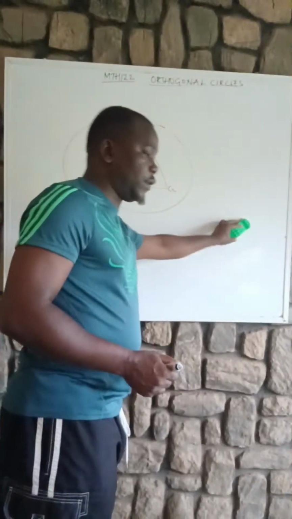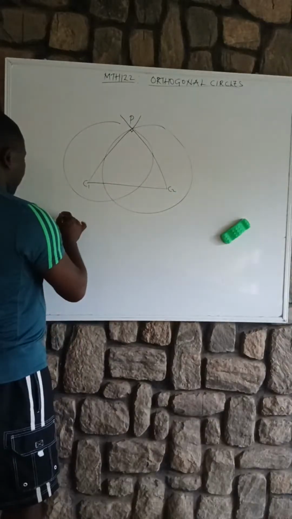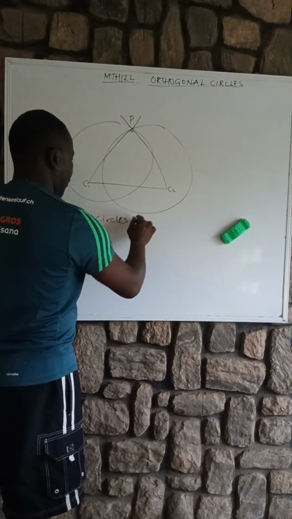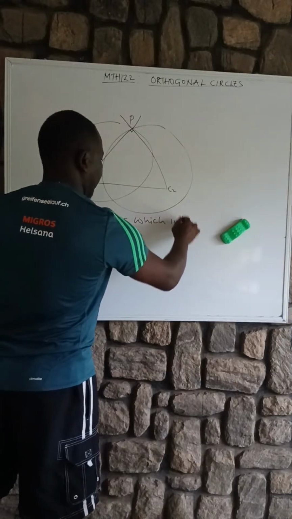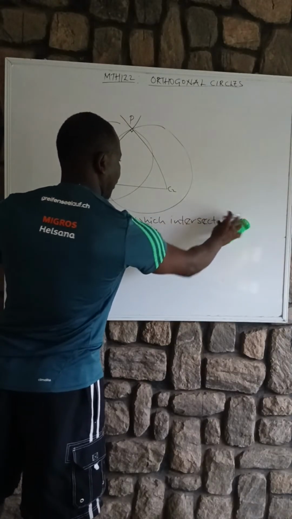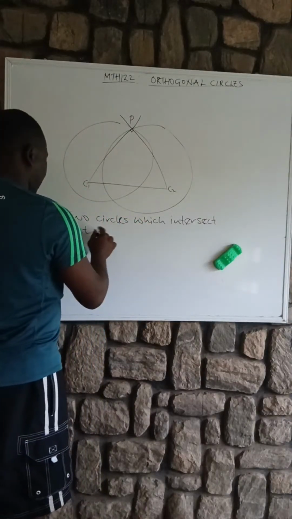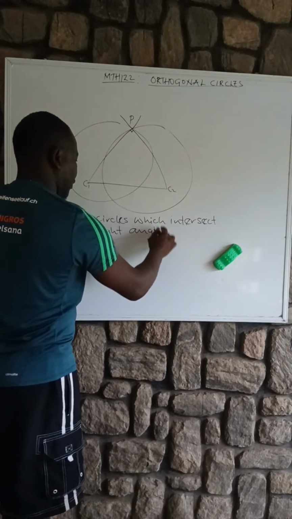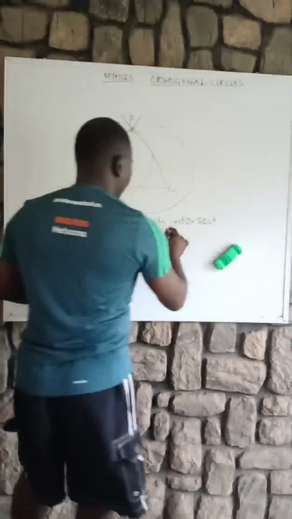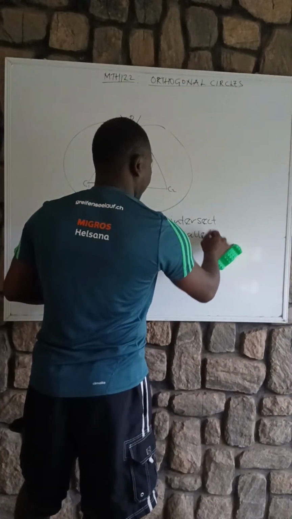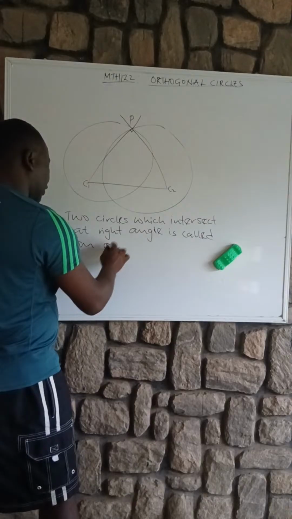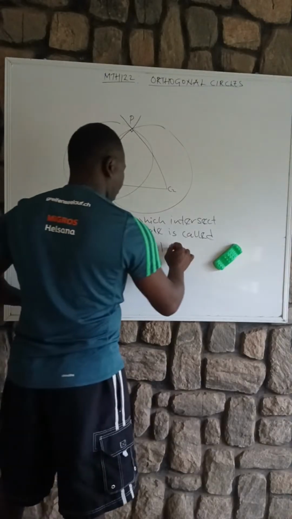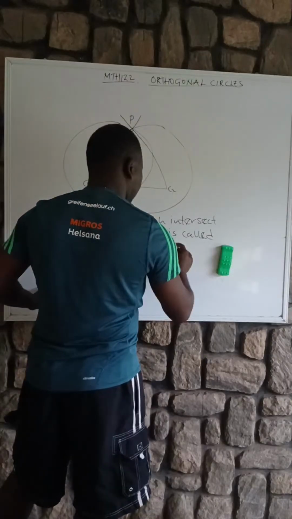So orthogonal circles: two circles which intersect at right angles is called an orthogonal circle.